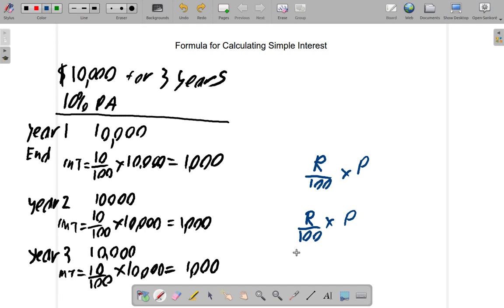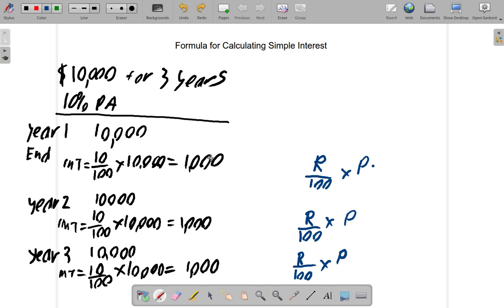So again, you have the rate of interest, which is 10% divided by 100 times the principal. Well, just put principal there, general. So the principal is the initial amount of money you invested. How much money did you get in total?